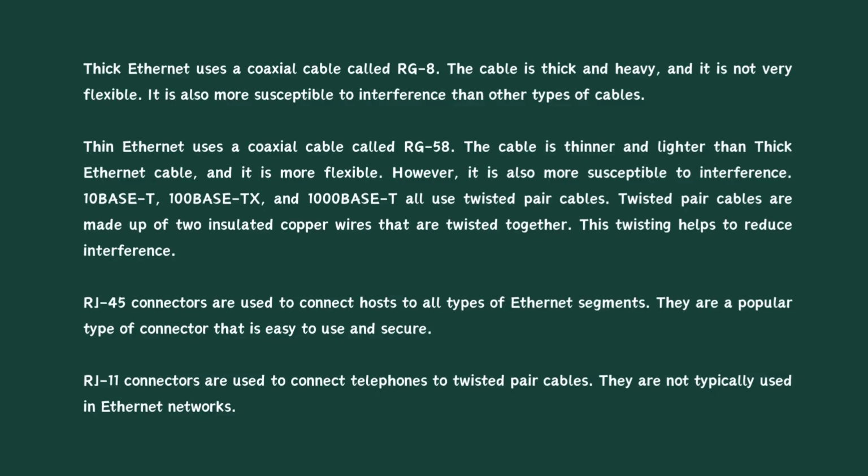This twisting helps to reduce interference. RJ45 connectors are used to connect hosts to all types of Ethernet segments. They are a popular type of connector that is easy to use and secure. RJ11 connectors are used to connect telephones to twisted pair cables. They are not typically used in Ethernet networks.